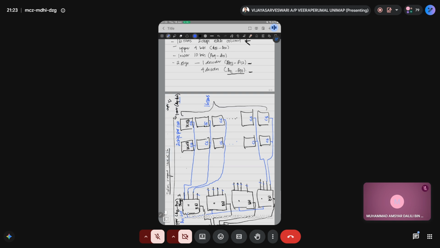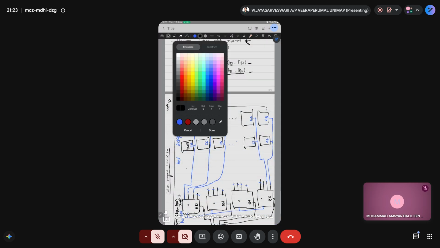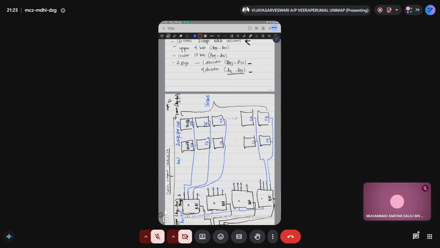Okay, let's say I put as A9 to A0. Kenapa dia biru lagi? Okay. A9 to A0. So there is one input yang di mana dia akan masuk dekat sini. Semua akan guna the same input.